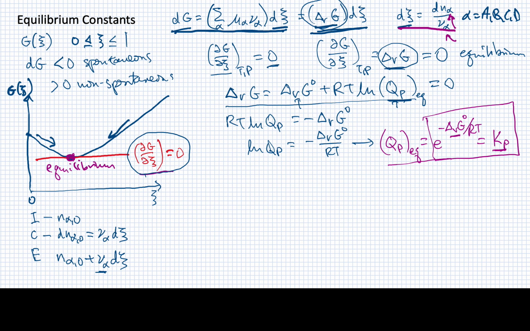All right, actually rather interesting that all of this comes together quite like this. So what we've defined here is an equilibrium constant using thermodynamics. And I'll remind you that this QP actually, let's write this out, more as Kp. Kp is going to be equal to Pc raised to its stoichiometric coefficient, Pd raised to its stoichiometric coefficient, divided by Pa raised to its stoichiometric coefficient, and Pb raised to its coefficient.